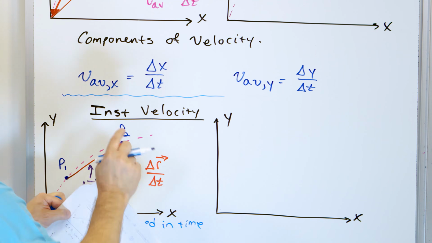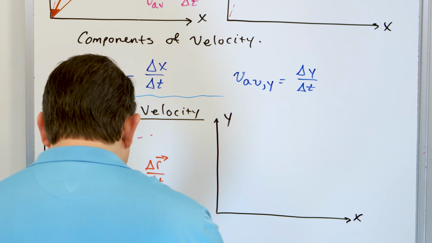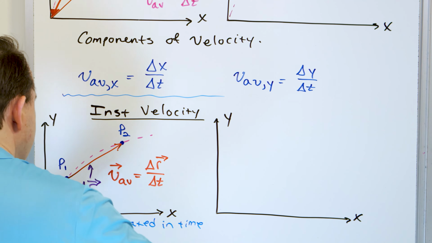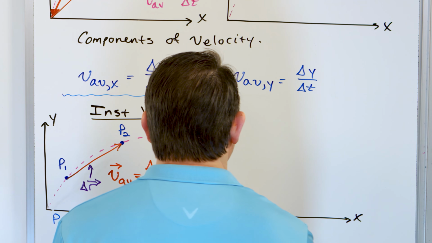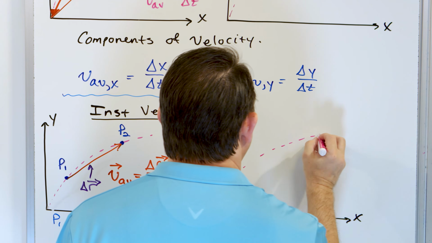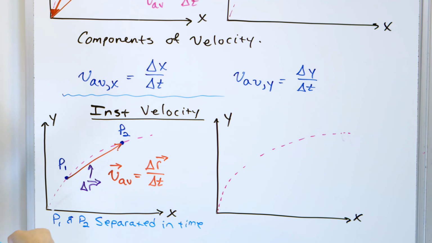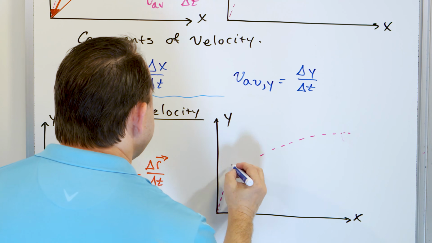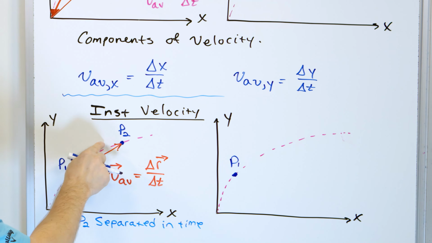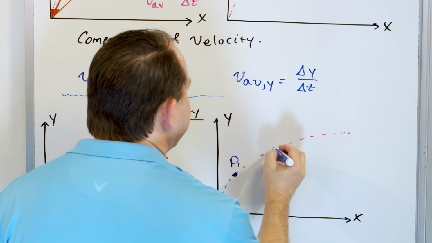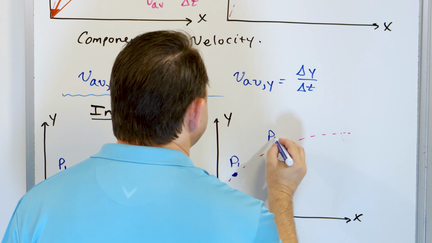Let's bring it a little bit closer, not too close, and see what happens. We'll draw the exact same thing, keeping P1 in exactly the same place, but bringing P2 to about halfway. So here's P2.